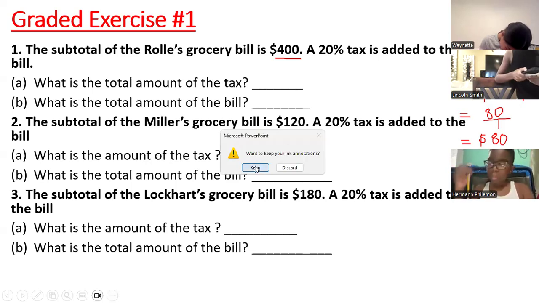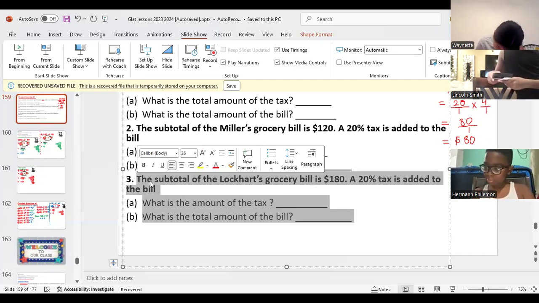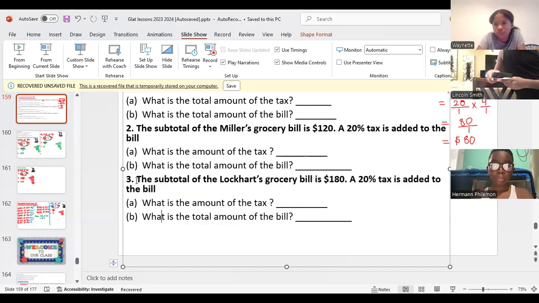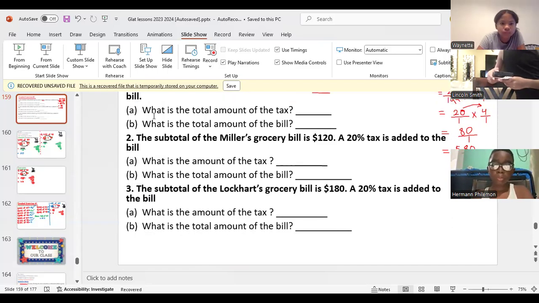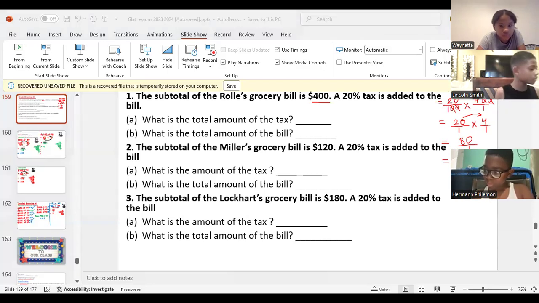Seth, where's Seth? Right here. What number are you on? Number 1. Okay. I'm going to put number 4, 5, and 6 in the chat.